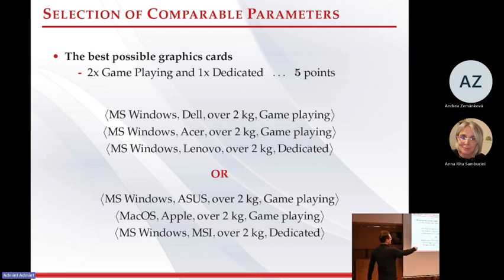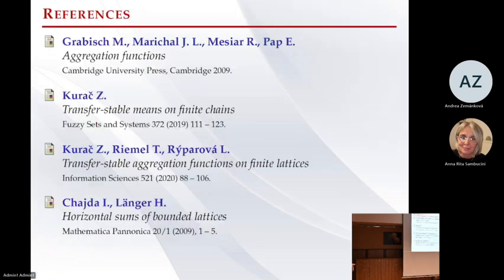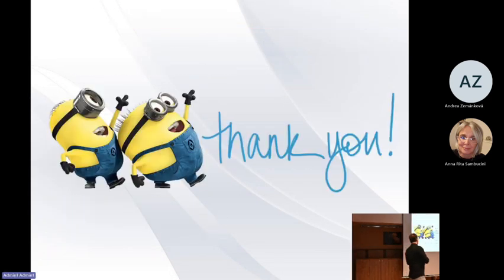Or you can use all 5 points on the graphic cards, and we get in this case a possible purchase with 2 game playing graphic cards and 1 dedicated graphic card. So for example, you can buy this trio of laptops or this trio of laptops. Okay, that's my references, and that's all, and thank you.